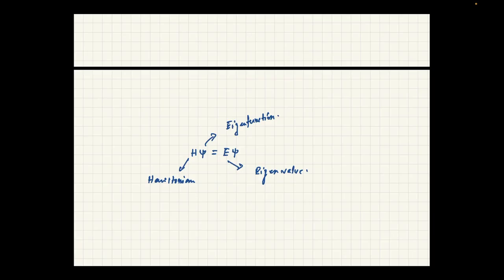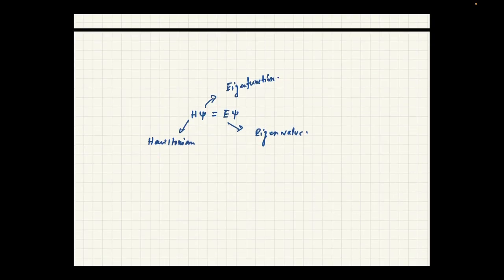Now for the eigenfunctions of this time independent Schrodinger equation, let's say H is a 2 by 2 matrix, that means it has two states or two energies, so it will have two eigenfunctions. Each eigenfunction can act as a basis for an irreducible representation.